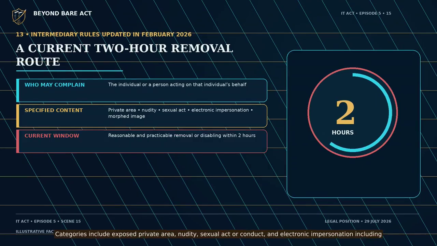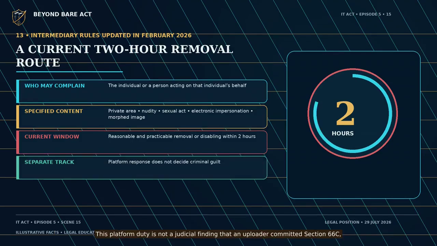Categories include exposed private area, nudity, sexual act or conduct, and electronic impersonation including artificially morphed images. The period was reduced from 24 hours. This platform duty is not a judicial finding that an uploader committed Section 66C, 66D or 66E.